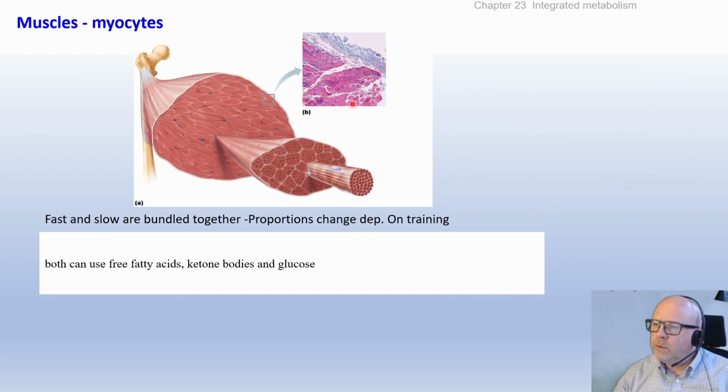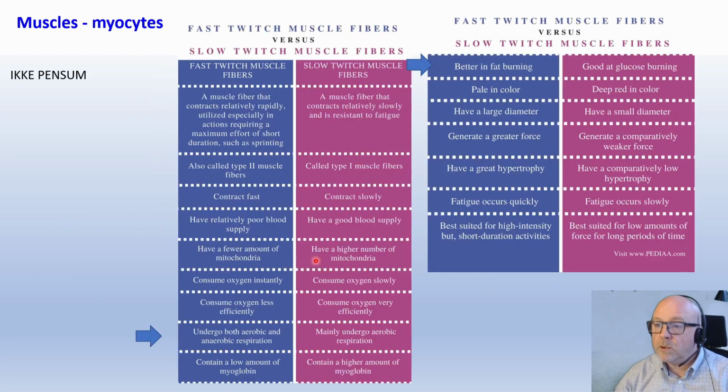Here we have a cross section through a muscle, showing us darker red and the lighter. So you have both of them there. Both can use free fatty acids, ketone bodies, and glucose. Here is, not on the test, just a list of things for comparison, the different ways the muscles function.